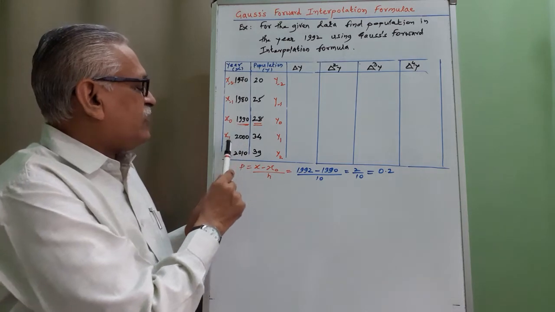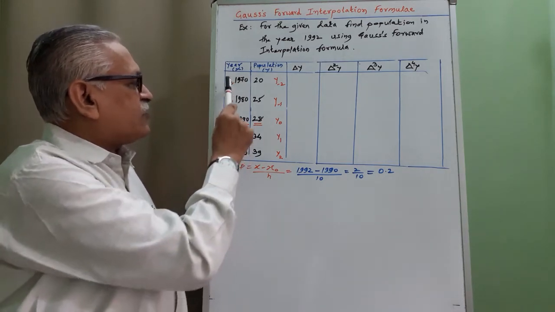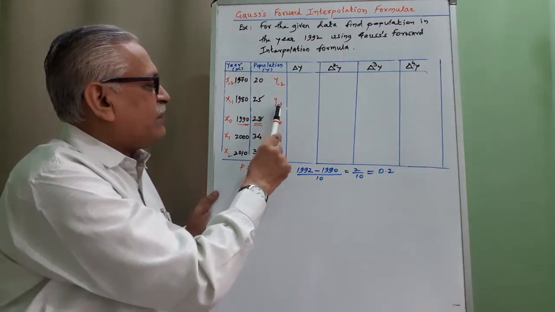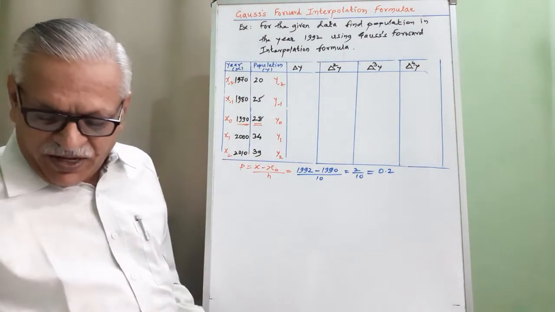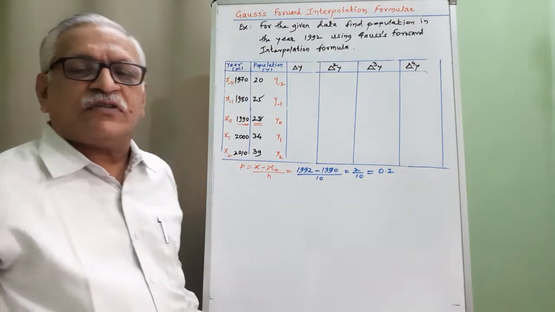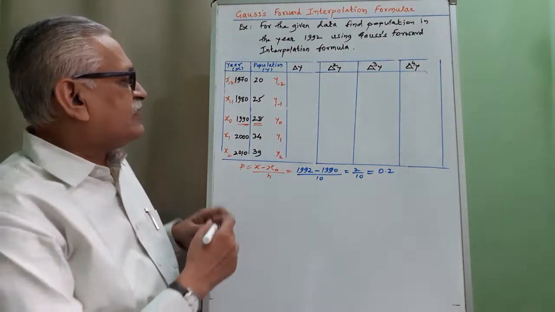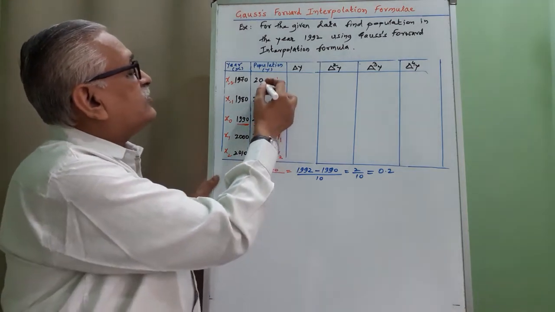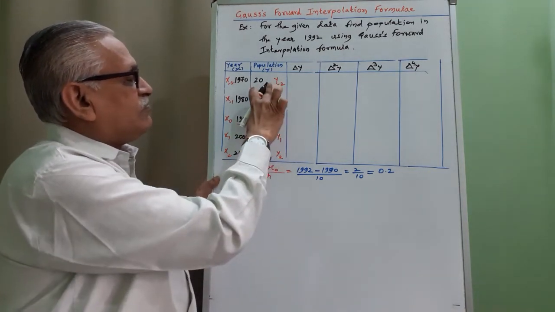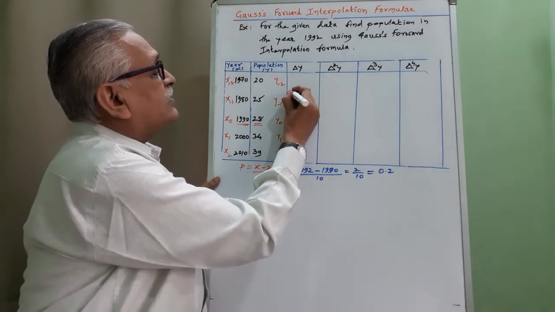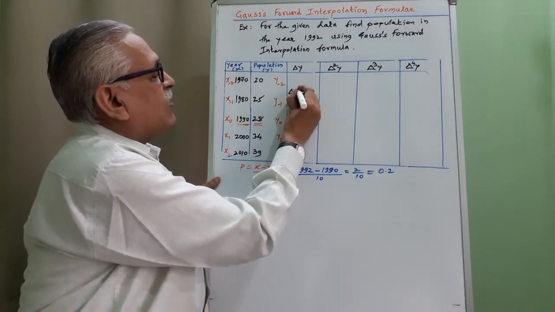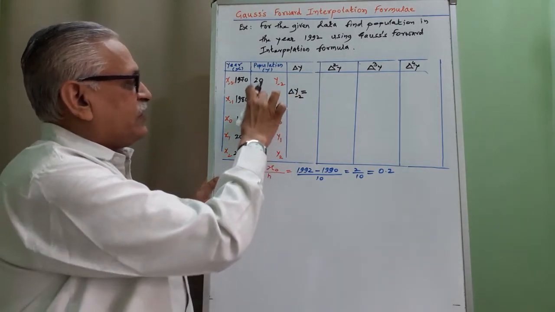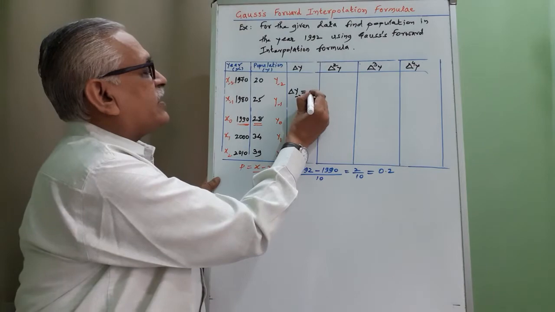Below we have x1, x2, above x minus 1, x minus 2, and the corresponding values are y minus 1 and y minus 2. And then making a forward difference table, we first find y minus 1 minus y minus 2 as del y minus 2, which is 25 minus 20, we get that as 5.